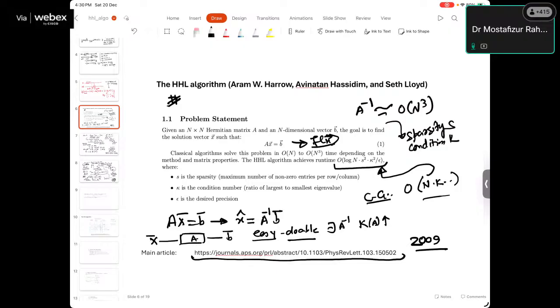Epsilon is basically the error when you are converting A to U, because U is e to the power minus iAt, so how much error you generate from U to U tilde also impacts the solution. It's a function of 1 by epsilon. Ultimately it's an exponential reduction in complexity from n to log n, subject to it being a highly sparse system and you only looking at some subset of the solution.